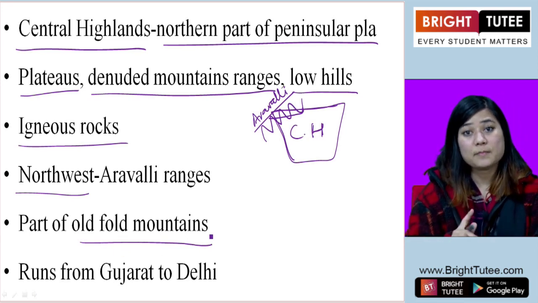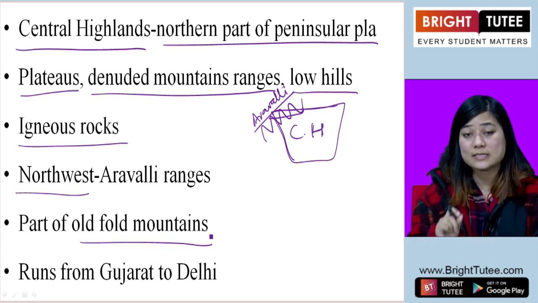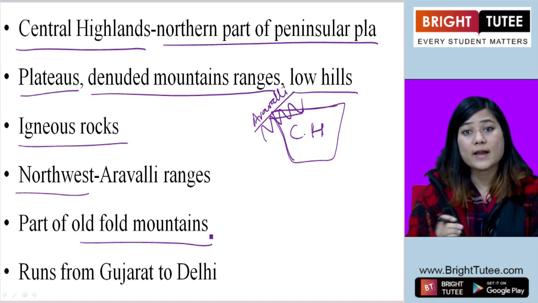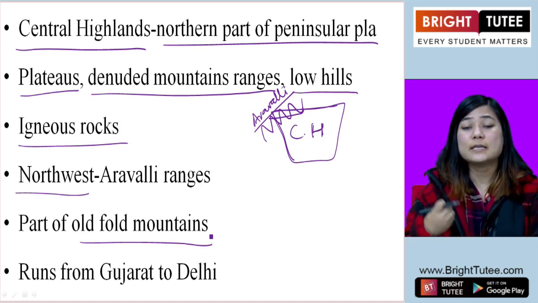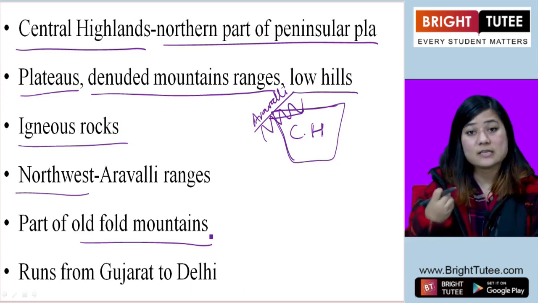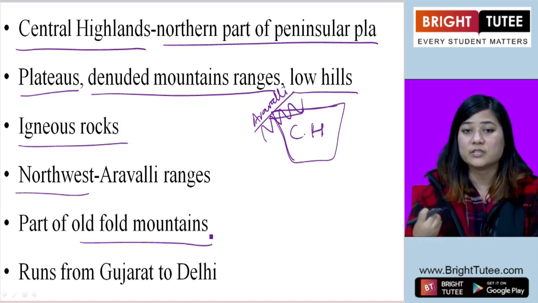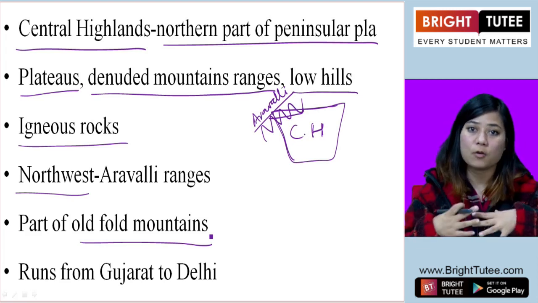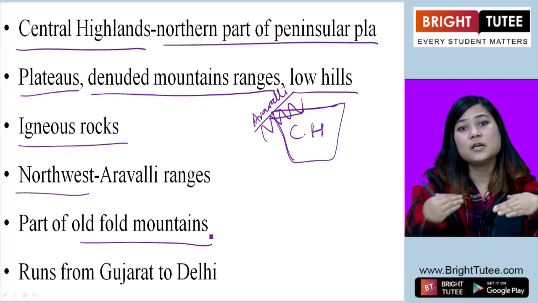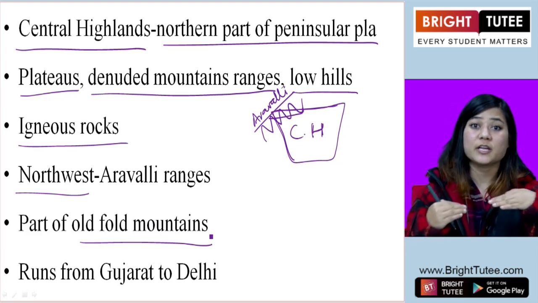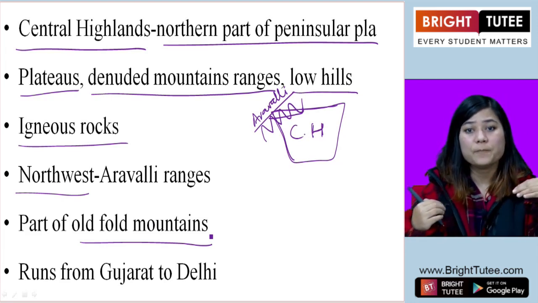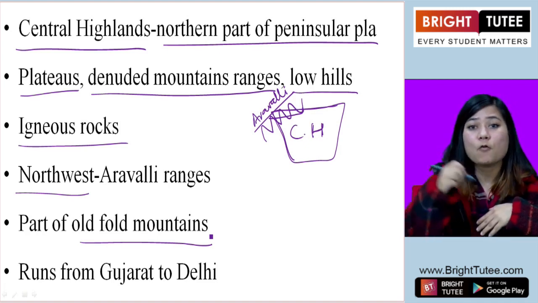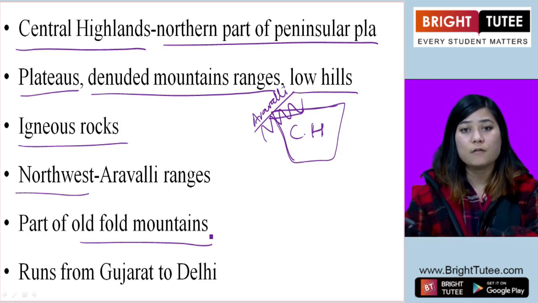Now if you remember, in the last class we had this discussion about fold mountains, where I told you that the Himalayan range is the youngest fold mountains in the world. The Himalayan range was formed because of the plate tectonic slides or compression, as a result of which folding-like structures were formed.